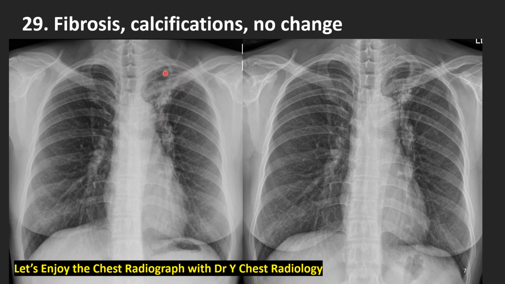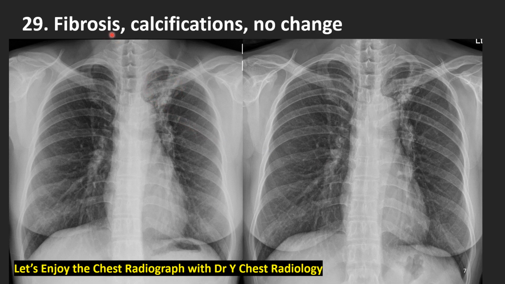And what about the left upper lobe apex? Crowded, more densities than the right side, with well-defined nodules. Although the left side film quality is poorer than the right side, we can identify these abnormal findings.